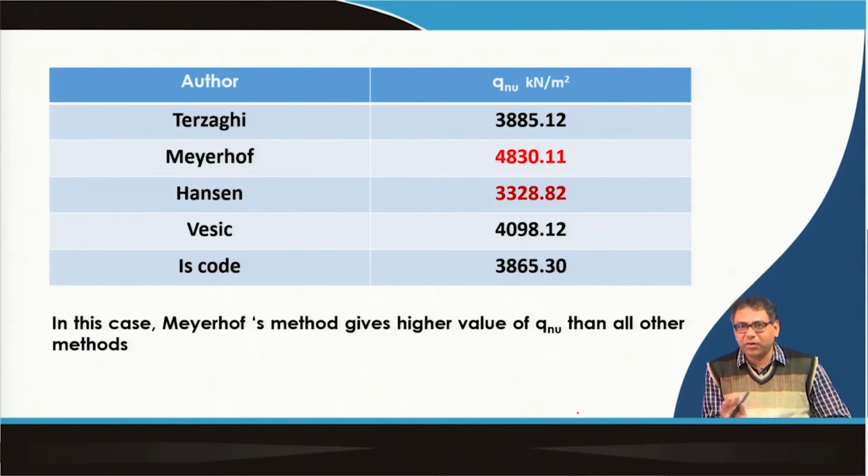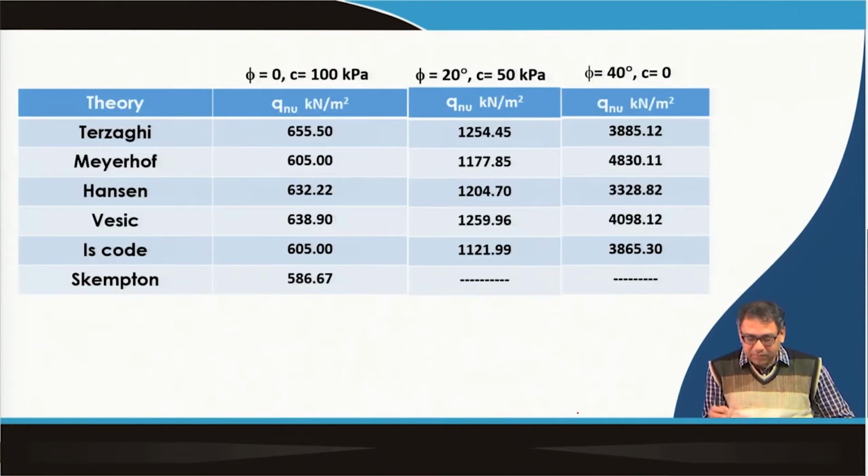It is not true for all the cases, because if you look at this table here, I have taken different values and compared the bearing capacity values for different theories.